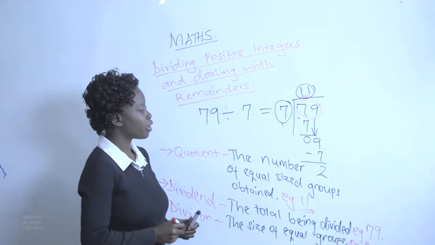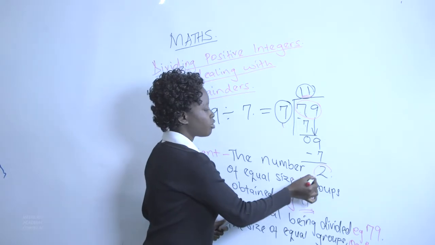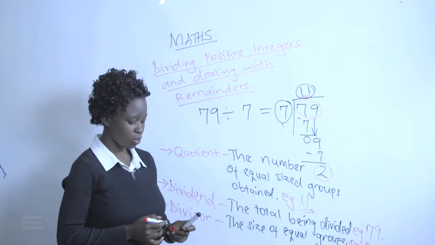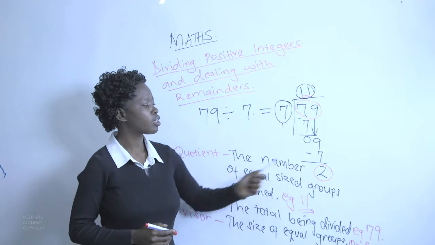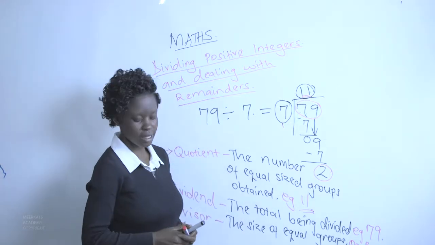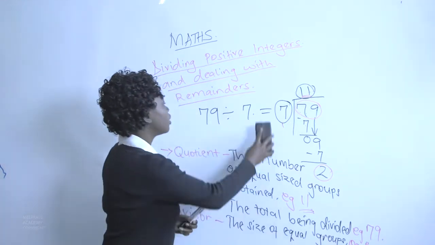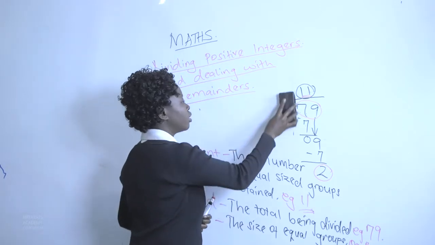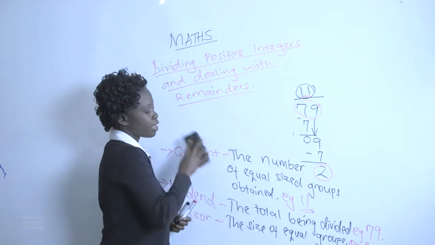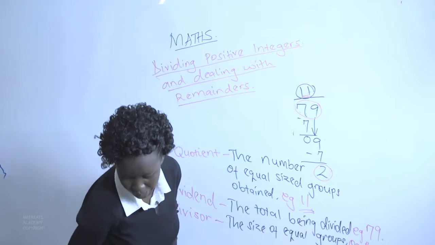Then finally, we have this digit that was left after the division process. The digit was left hanging. That digit is known as a remainder.